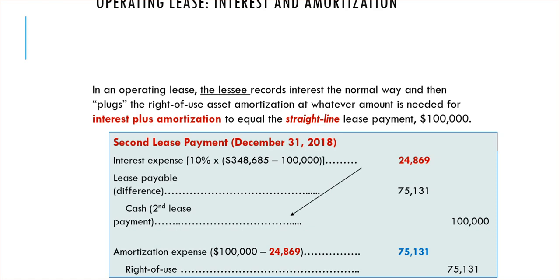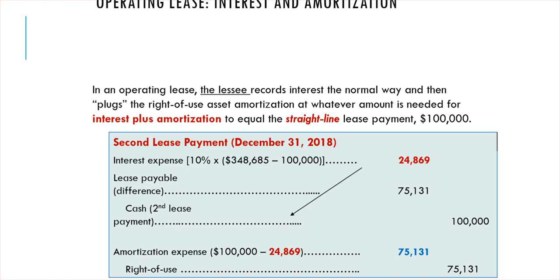So you create your amortization table, you do your first journal entry like you always have been doing it, and now you do a second one which adjusts your rent expense, and rent expense here is again defined as interest expense plus amortization expense.